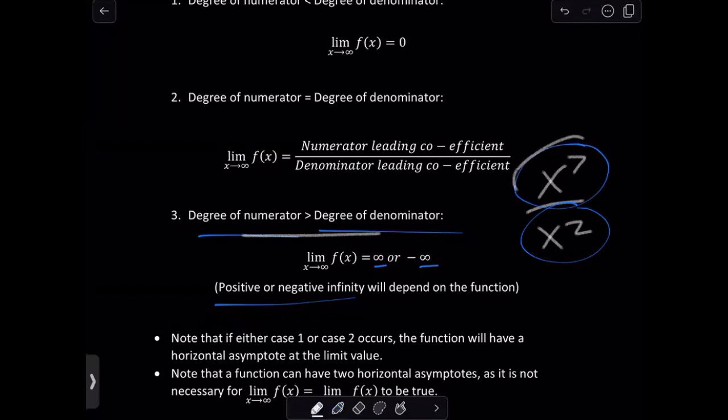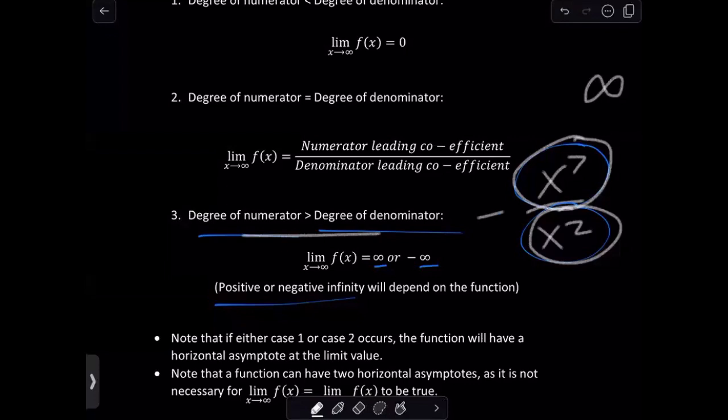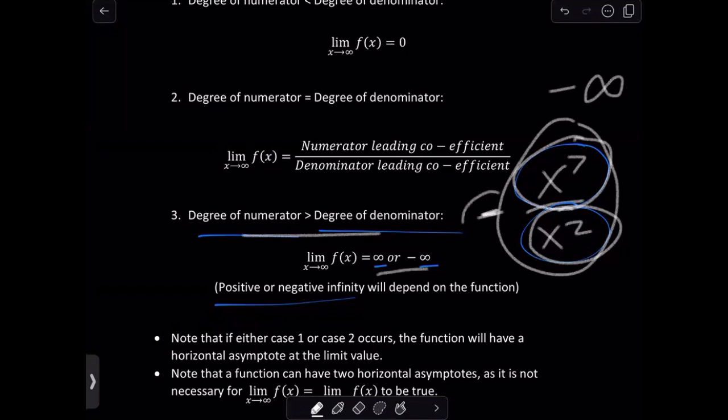So we have a very large number over a slightly large number, so your answer is going to approach positive infinity. If there's a negative sign in front, the expression would approach positive infinity, but because you have a negative in front, you're going to approach negative infinity. That's why this answer is dependent on what sign you have in front of these terms. I'll show you an example that covers that.